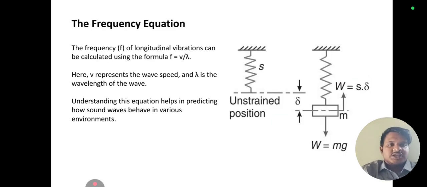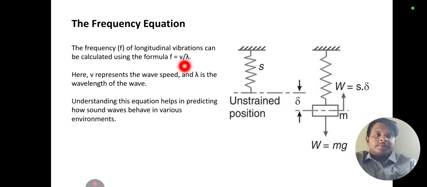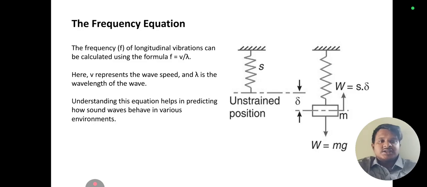The frequency equation. Now we can see the frequency equation in this slide. The frequency f of longitudinal vibration can be calculated using the formula f equals v by lambda. Here v represents the wave speed and lambda is the wavelength of the wave.